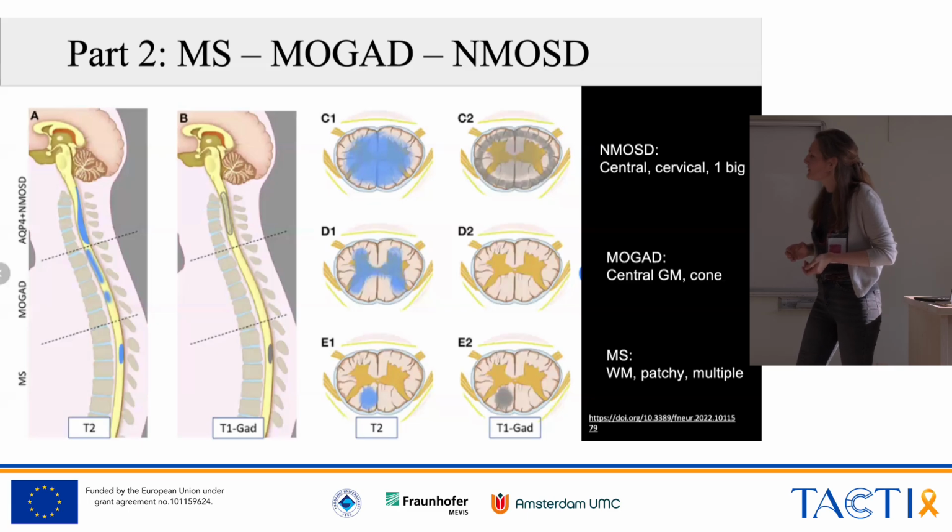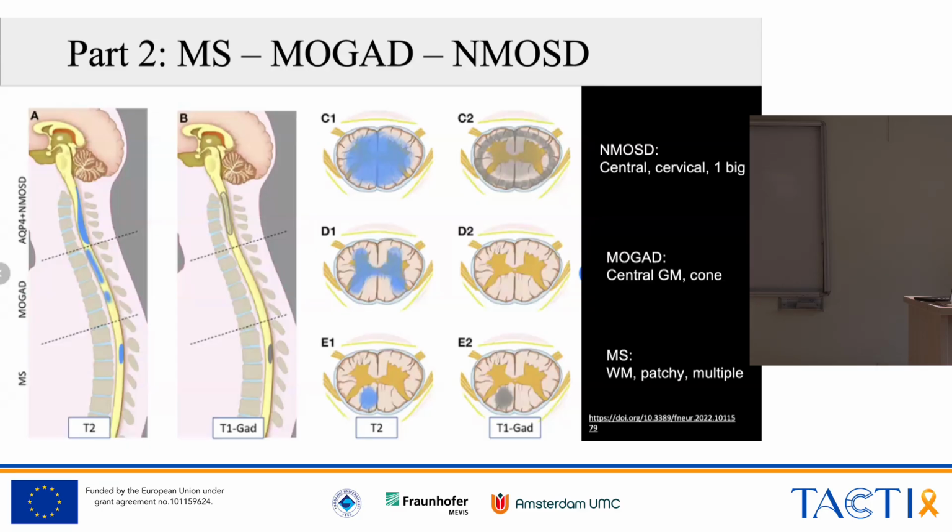Yeah. This is an overview slide, maybe more for your own record. Basically, the upper part shows typical NMOSD, which has very extensive central lesions, very often one big cervical lesion instead of several lesions. While in MOGAD, you'll see the same issue, but very often more downward, for example, in the conus.